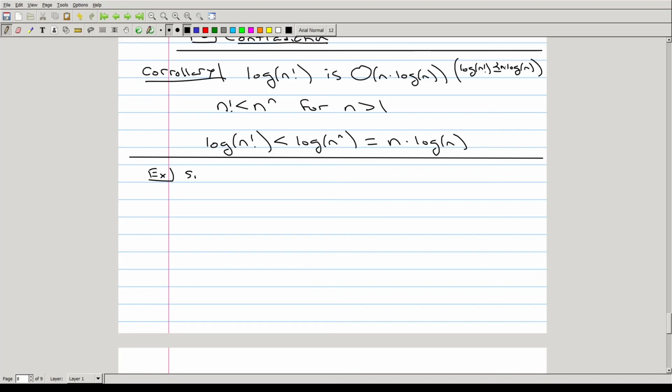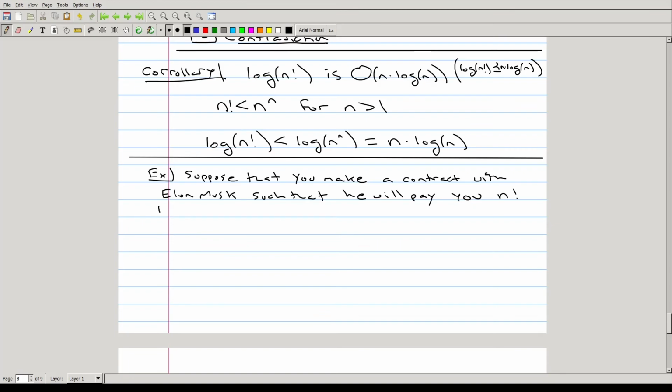Suppose that you have a contract with Elon Musk such that he will pay you n factorial dollars if his account balance goes into the red.